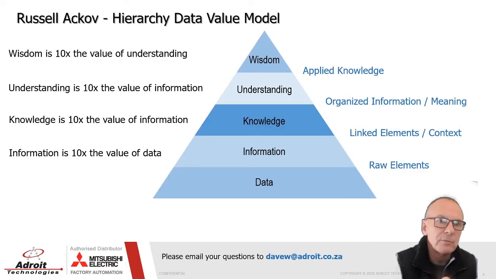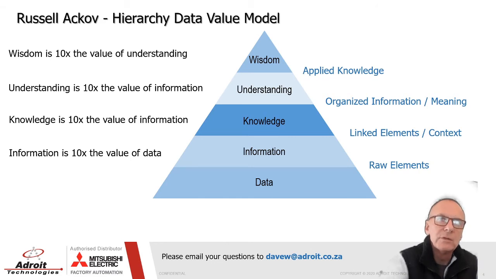My go-to person on this stuff is a guy called Russell Ackoff, who defined the hierarchy data value model, which starts at the bottom. I'm sure a lot of you have seen this, from data to information to knowledge to understanding to wisdom. He attempted to actually put a definition to each of these layers so that you can define exactly where you are in that hierarchy.